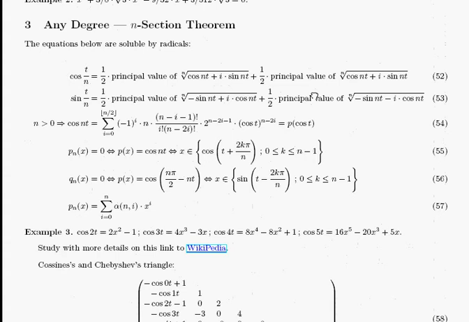Cosine of t over n, 1/2 principal value of root index n, cosine of nt plus I sin of nt, etc. Sin of a t over n, etc. If n is greater than 0, cosine of nt is this sum of cosine of t powered to n minus 2i, i going from 0 to the integral part of half of n.